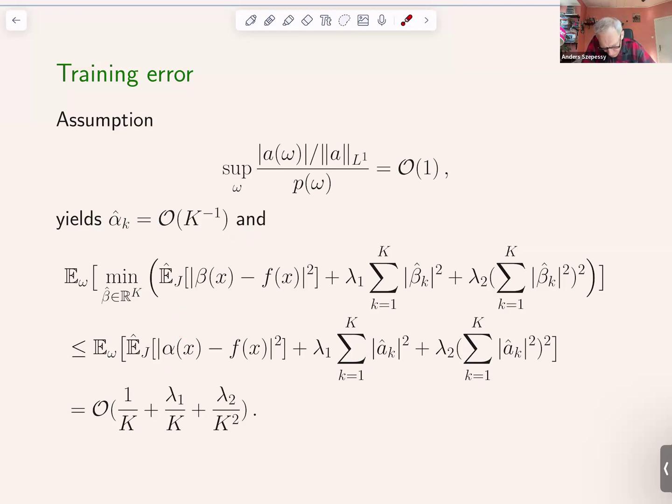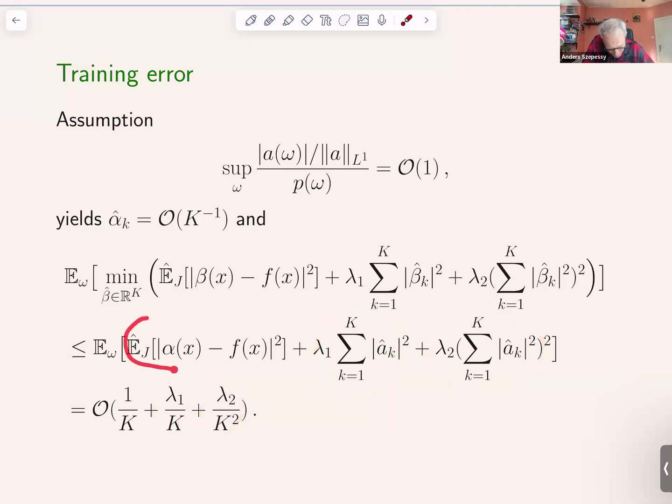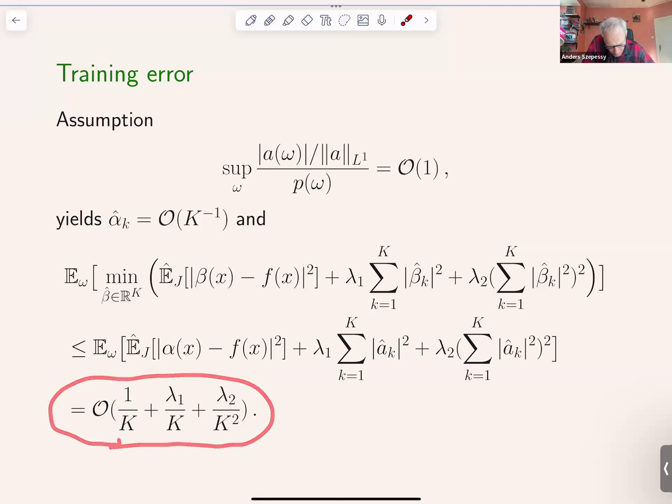And for the test neural network, we know that the L2 norm, the amplitudes are 1 over k. So this sum here will be that, and this sum here will be that. And we just showed in the previous slide that the variance here is 1 over k. So the training error has this bound.